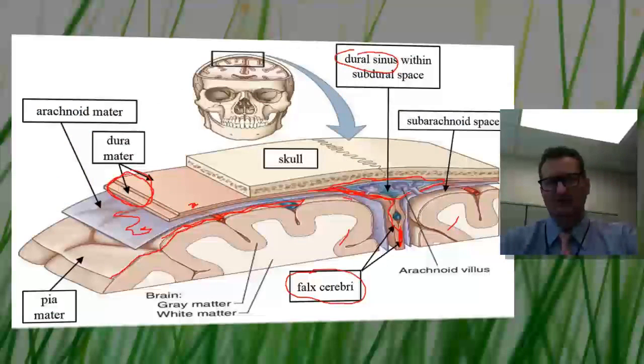You have CSF in this layer, in the subarachnoid space, and in some areas you have the arachnoid villi that puncture or penetrate the dura mater, the meningeal layer of the dura, and come out here and protrude into the dural sinus. And the CSF can then pass up through these arachnoid granulations or arachnoid villi and pass into the venous blood.